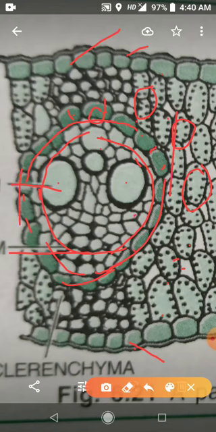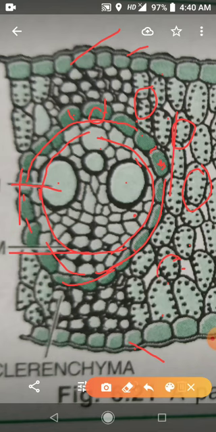When you see the structure of cells of the bundle sheath, in the bundle sheath cells, a large number of chloroplasts are present, and chloroplasts are also large in size. But in the chloroplast, grana are absent or poorly developed.